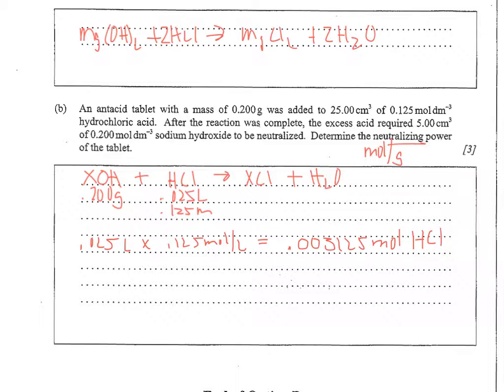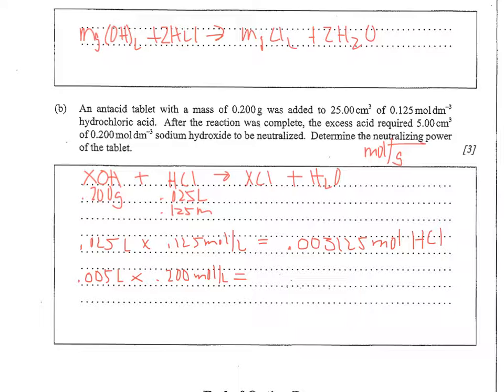That's how much is in this amount up here. But when I got done, I took 5 cc's or 0.005 liters of NaOH with a strength of 0.200 moles per liter to neutralize the extra acid.